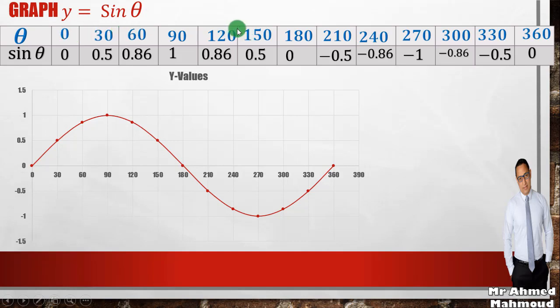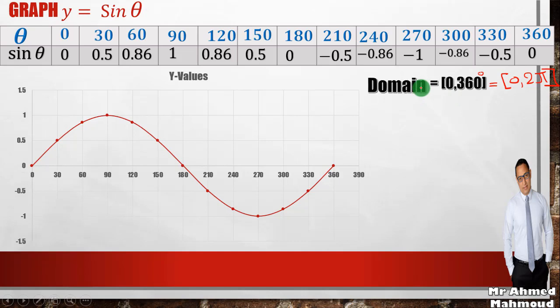So the domain in this example, not in general, is from 0 to 360. But I can write the domain in radians like this, from 0 to 2 pi. So the domain here is from 0 to 360 degrees, or from 0 to 2 pi.